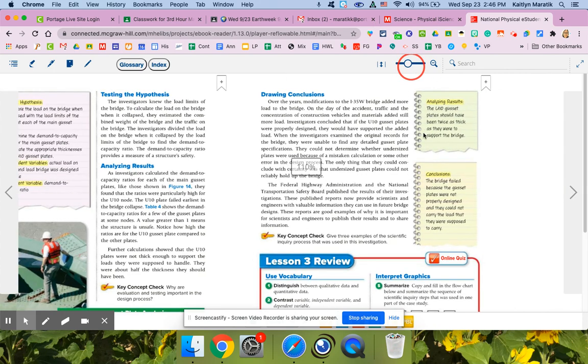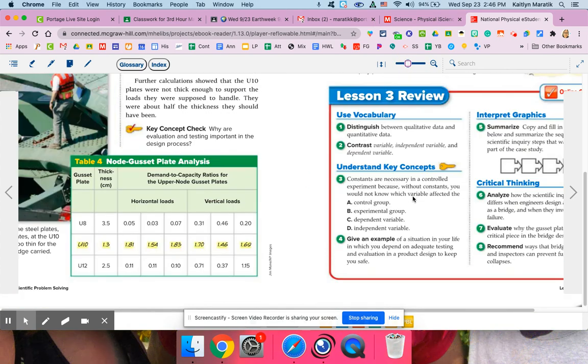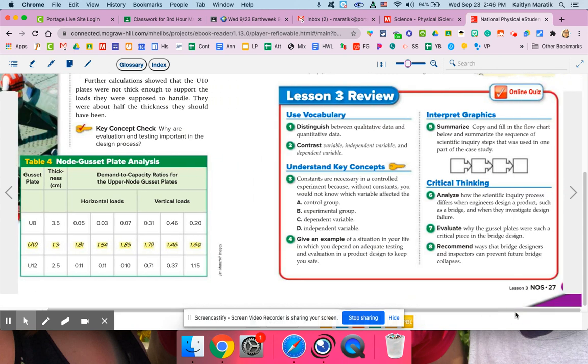So now we need to answer our questions here. Our first one is distinguish between qualitative and quantitative data. When we add this to our paper, we want to at least have enough information that we can figure out what was our question. So I'm just going to write difference between.